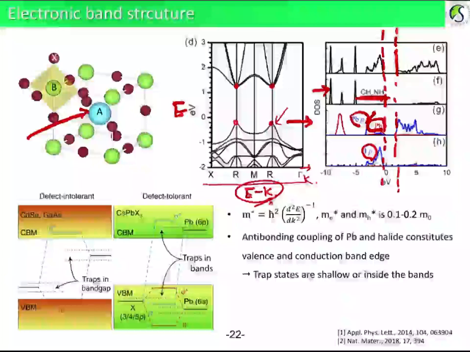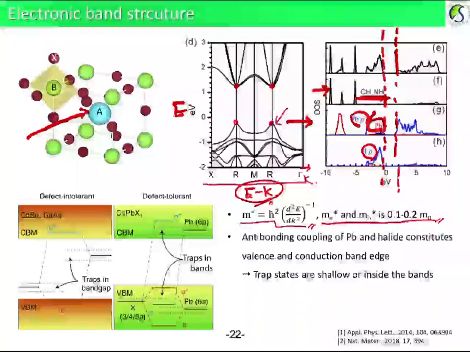And from the curvature of the band structure, we can calculate the effective mass of the charge, where both the electron and hole effective mass were calculated to be 0.1 to 0.2 of the electron mass. And the other characteristic property of this perovskite material is the defect tolerance property.